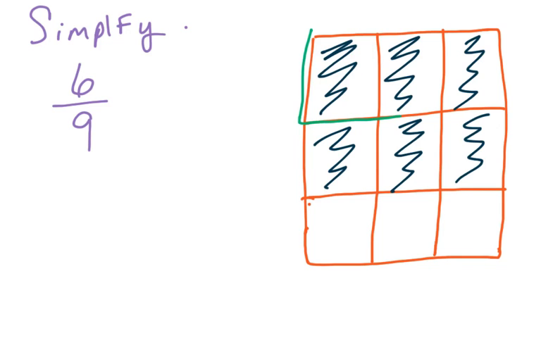Now, when I'm looking at these 9 parts, I'm just going to look at a section. If I look at this section right here, this is one part with 3 smaller parts inside. And here is another part that is equal in size to this part right here.